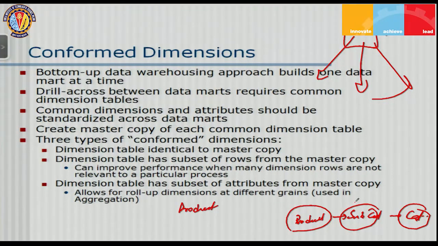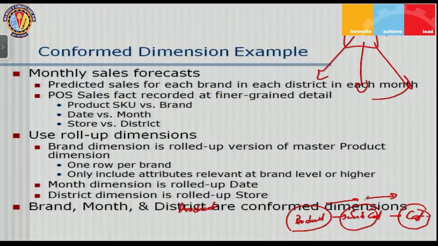All these would not apply. For subcategory also there can be certain attributes which do not apply at the category level. As we move up the hierarchy, certain attributes do not make any sense, so we have to remove those attributes. Once we remove those attributes, the dimension is also called conformed. So there are three situations: one is an identical copy, second is a subset of rows, and third is a subset of columns or attributes. In these three situations, we call a dimension a conformed dimension.